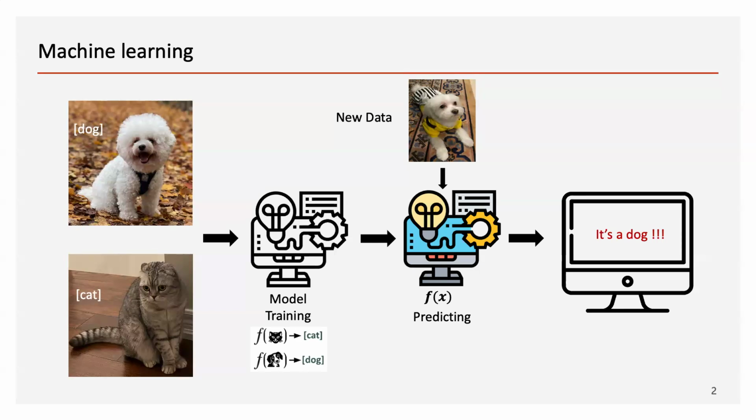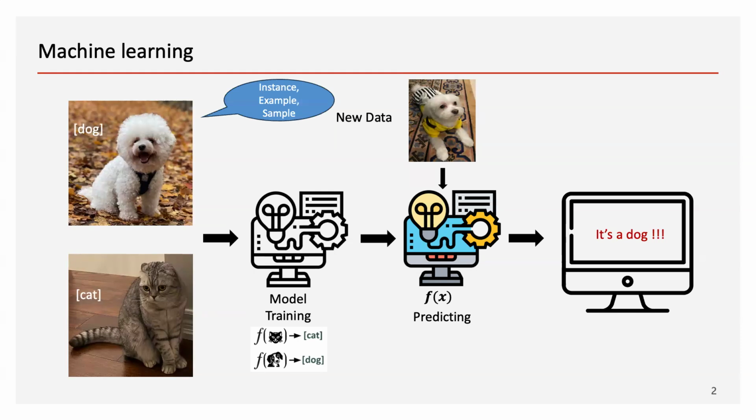It's basically a function that tries to figure out how to make predictions for these images. Once it's trained, we call this process training, we can give a new image to the model, and the model can tell us whether it is a dog or a cat. So it's just pattern recognition.